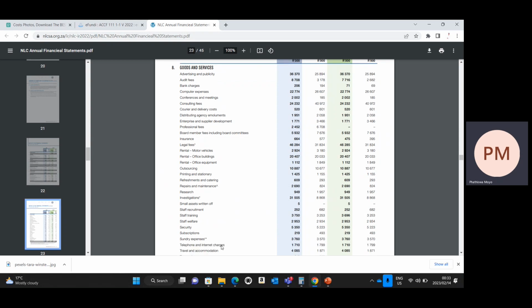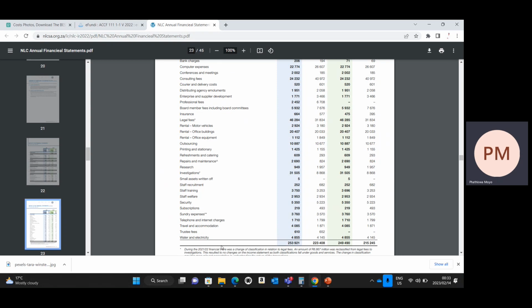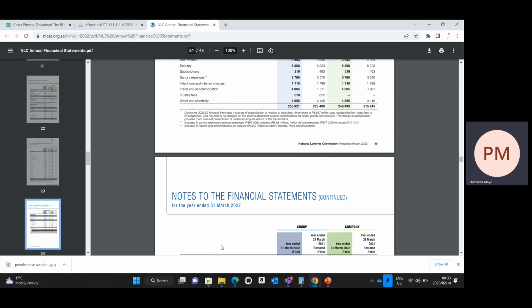So you can see they've got so much in their expenses: security, telephone and internet charges, travel and accommodation, trustee fees, water and electricity. I did say that the list is not exhaustive, hey?